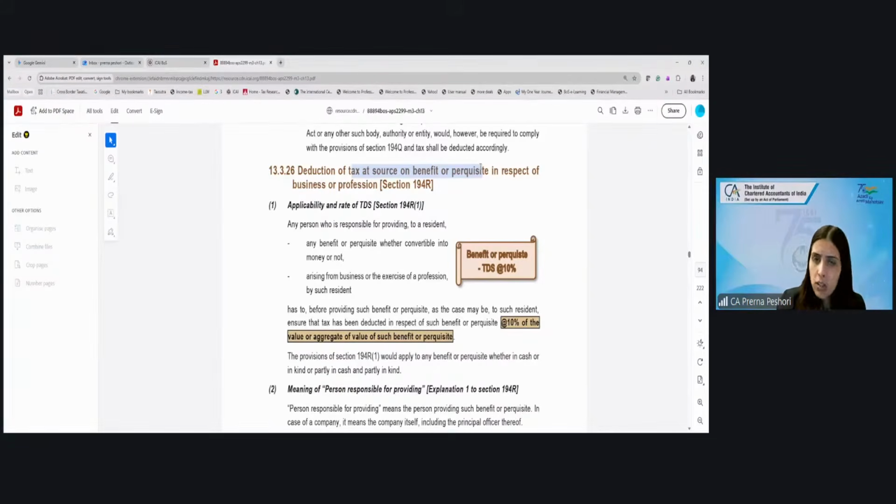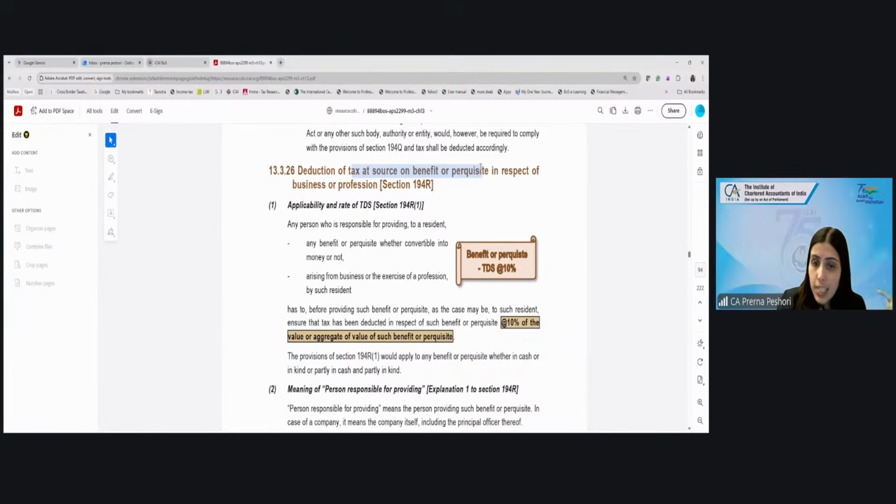If it is in kind, he has to make the arrangement for payment of the tax before he releases the benefit. However, in case of settlement or waiver of loan, that is a benefit or perquisite because the loan is waived off. However, the CBDT has said in this particular case, 194R will not be applicable.